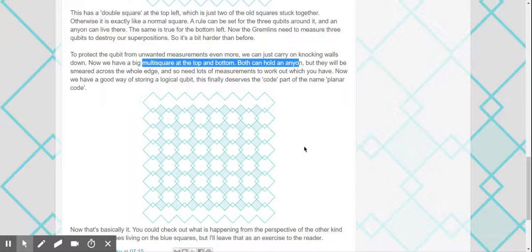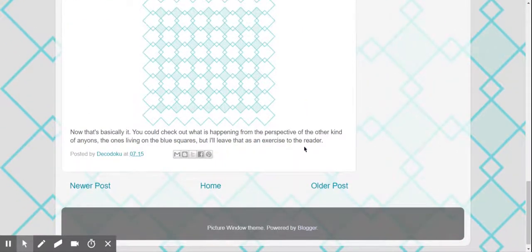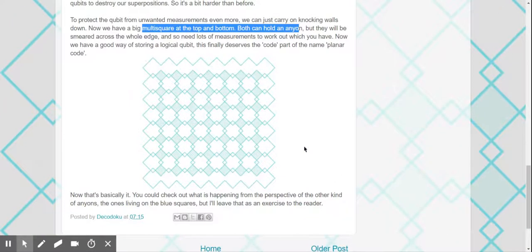Now we have a good way of storing a logical qubit. This finally deserves the code part of the name planar code. You could also check out what is happening from the perspective of the other kind of anions, the ones living in the blue squares, but I'll leave that.